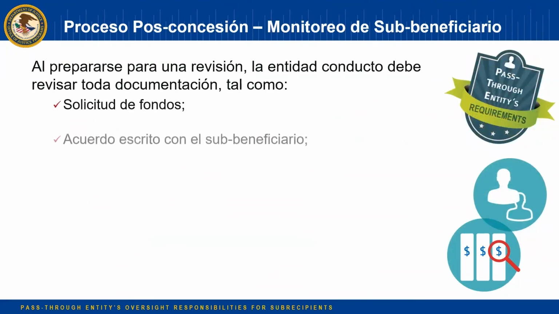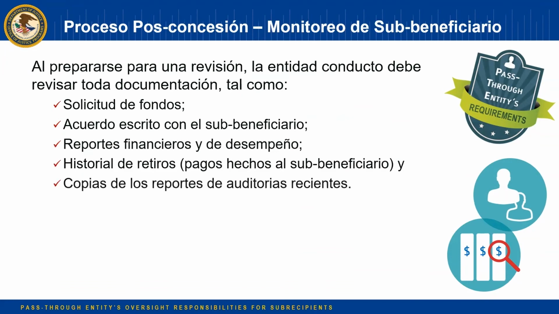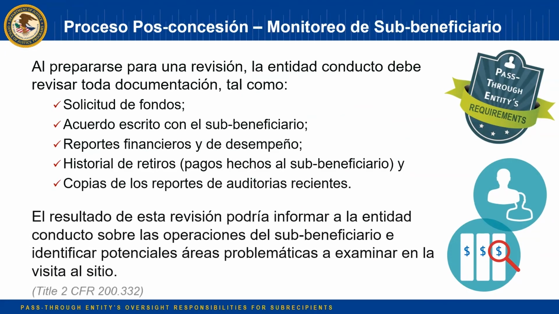So when preparing for a review, a pass-through entity should review all of the documents associated with that sub-award. You're looking at the sub-recipient's application, the type of organization that they are, what's actually in the agreement, what is the sub-recipient tasked to do.